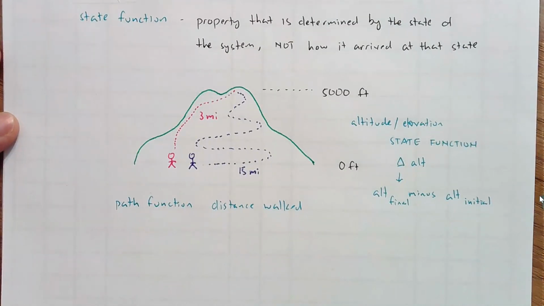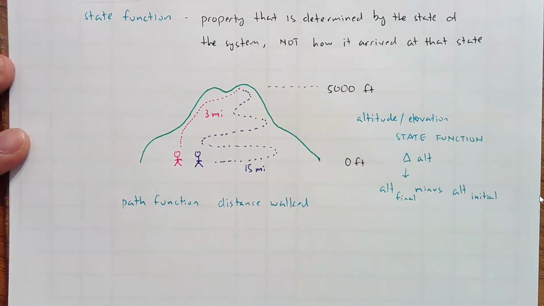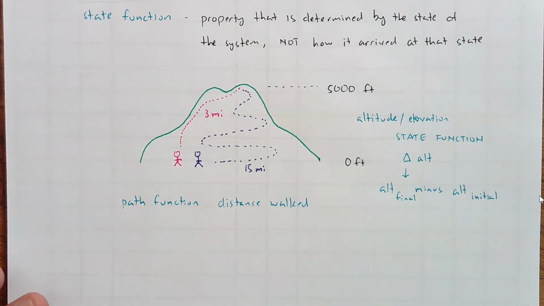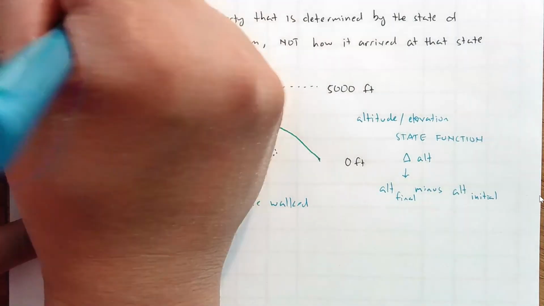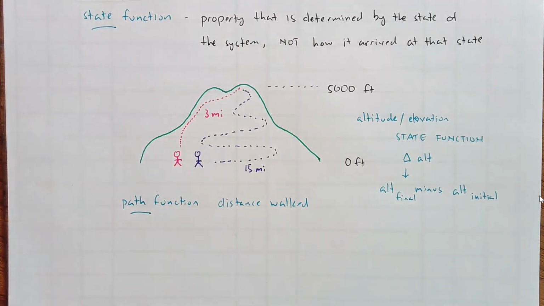So what are some chemistry properties that are state functions, and what are some that are path functions? State and path.